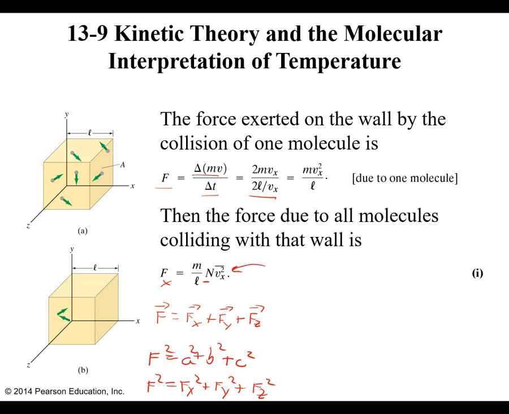Notice how there's a line over Vx squared now. That's because now we need to take the average of all the squared velocities. Up here, the force is proportional to the velocity squared, and so the total force is going to be the average of all those velocities.